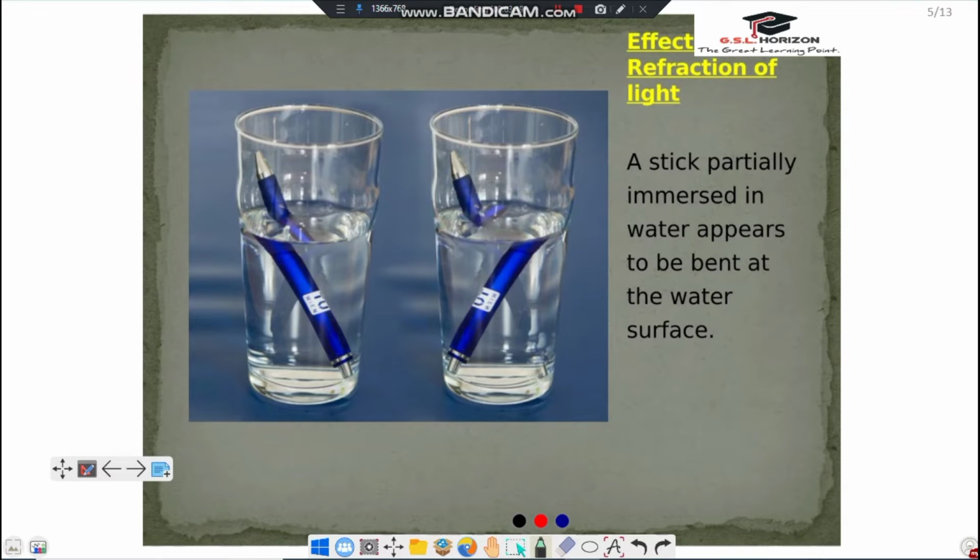Now on our next topic, the effects of refraction of light. As you can see here, a stick partially immersed in water appears to be bent at the water surface. This is only due to the refraction of light.